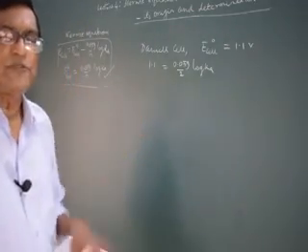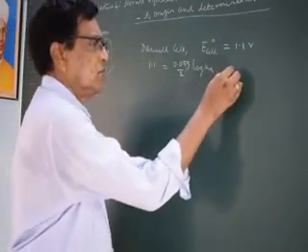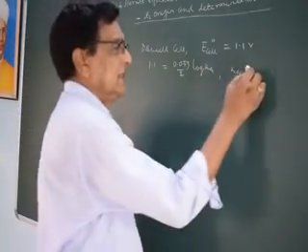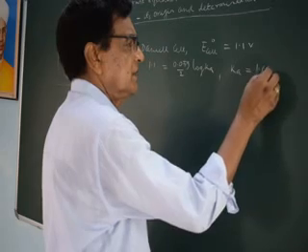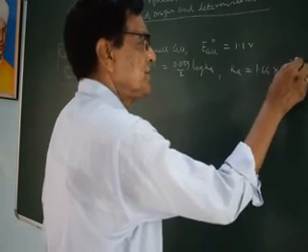From this we can calculate the activity equilibrium constant, and on calculation this Ka is equal to 1.66 into 10 to the power 37.